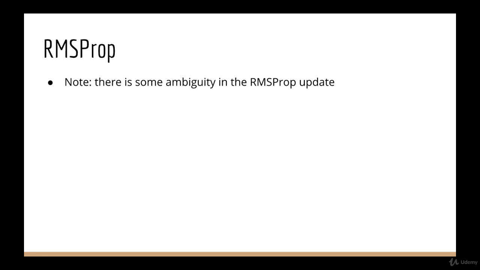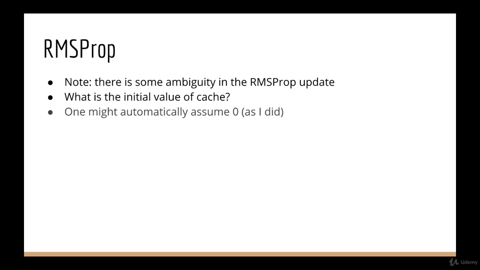One obstacle I realized some time after this course was originally released is that there is actually some ambiguity in the RMS-prop and AdaGrad algorithms. Specifically, I discovered this in the context of RMS-prop. One thing that's not specified in the RMS-prop algorithm is the initial value of the cache. Now one might automatically just assume that 0 is a good value, and I did this as well. But this actually has a very strange effect.